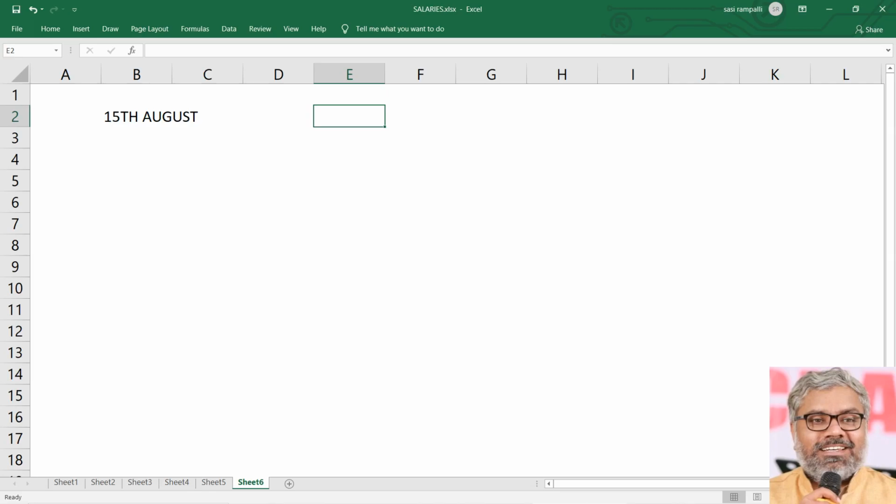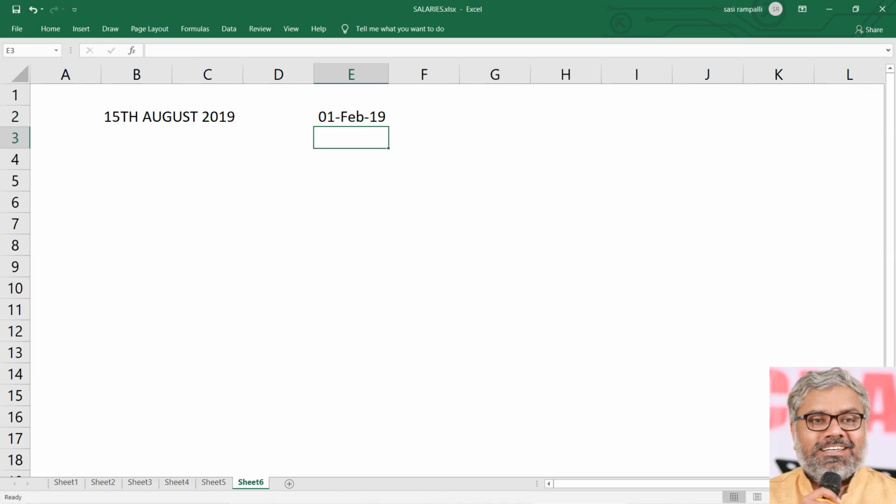So imagine the employee has retired on 15th of August, 2019, and his earlier increment of salary happened, let us say, on February 1st, 2019.